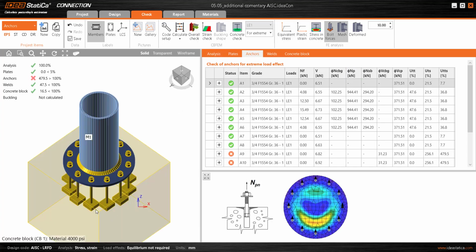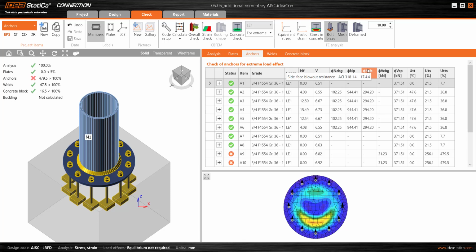This is because if we have smooth anchors, it's assumed that they are mechanic anchors, special anchors with epoxy resin, or another type of chemical preparation. In these cases, it's assumed that the manufacturer guarantees us this adherence, or gives us a specific resistance, and for this reason, the check does not automatically appear in the software.